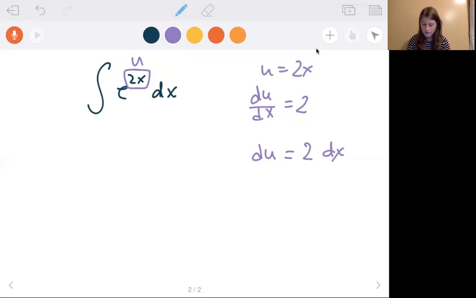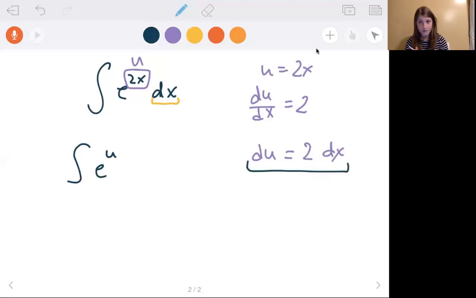So notice that we can't just swap this dx for a du. What we would like to be able to do is rewrite this with that u as our independent variable. But we don't want to mix a u and a dx. We want, if we're using x's, to use dx. If we're using u's, to have du. But I can't just swap them because they don't equal each other exactly.